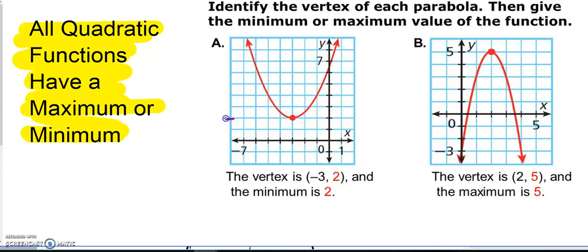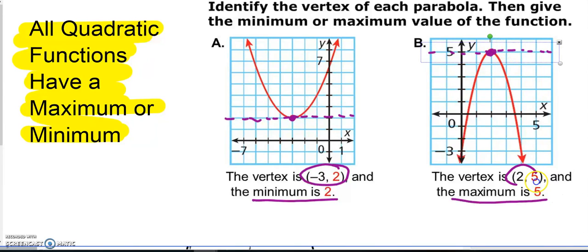So looking at A, this has a minimum value, and that's at y equals 2. And the vertex lies on that minimum, (-3, 2), so that is the point right here. And then on example B, we have a maximum value of 5 at y equals 5, and the vertex is at (2, 5).